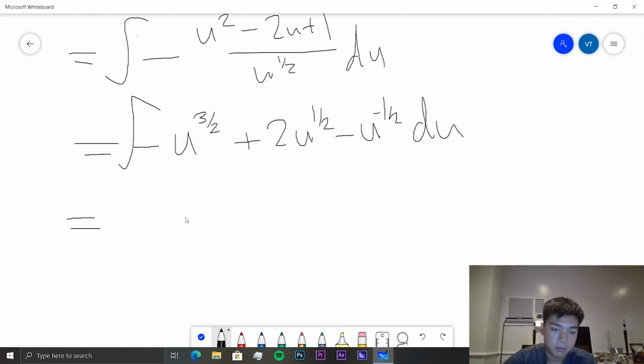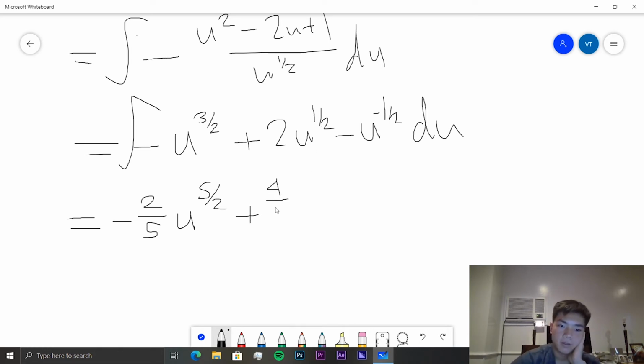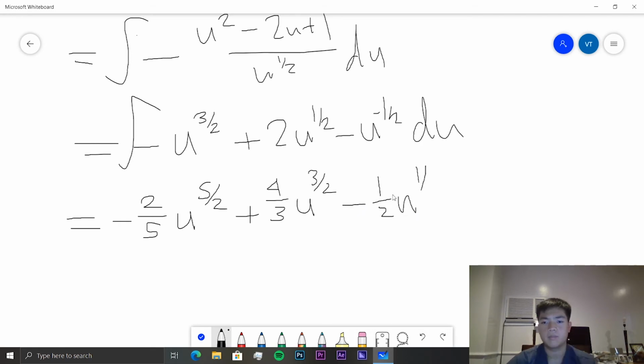So this is equal to negative 2/5 u to the 5/2 plus 4/3 u to the 3/2 minus 2u to the 1/2 du.